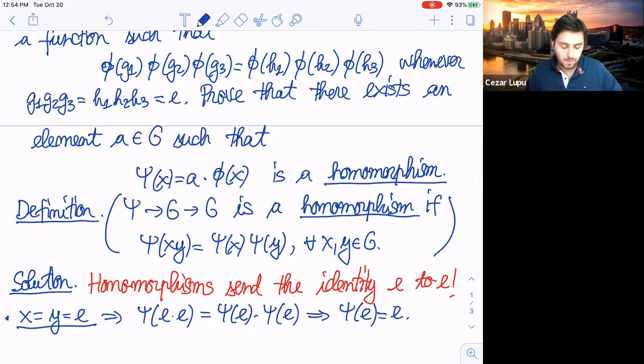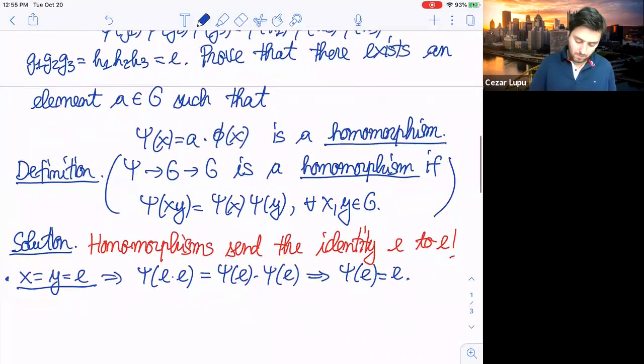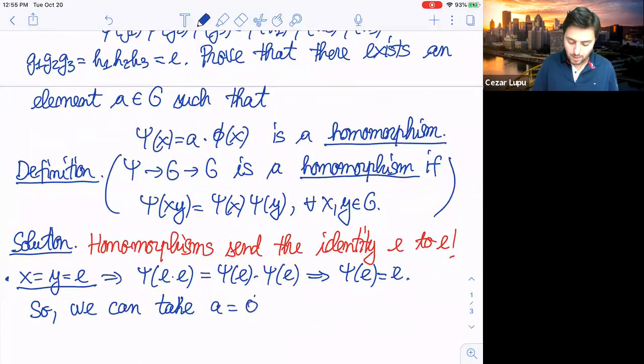So at this point, we know that psi of E is E, so E squared is E, no problem. I know that, so we can take A to be, let's say, phi inverse of E, right?